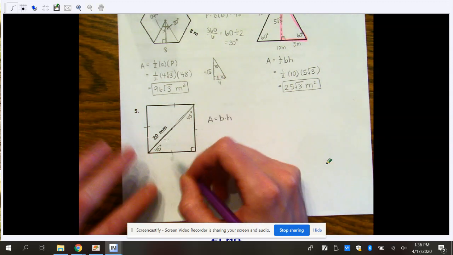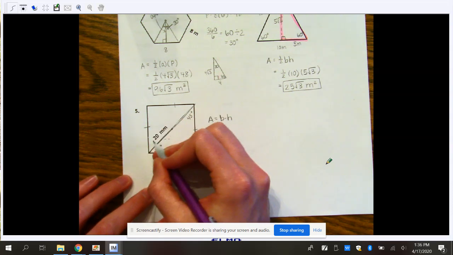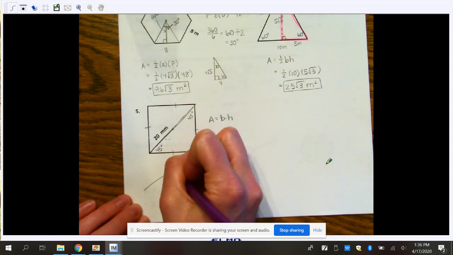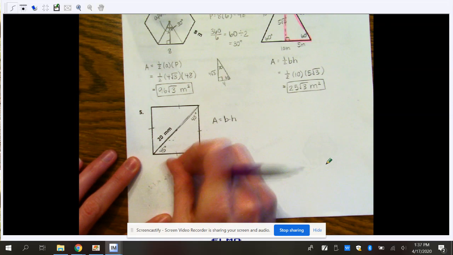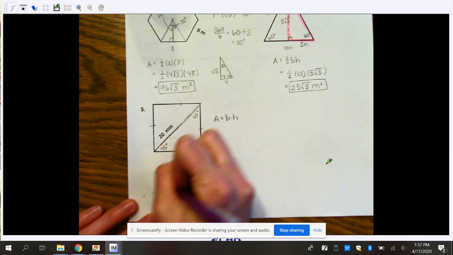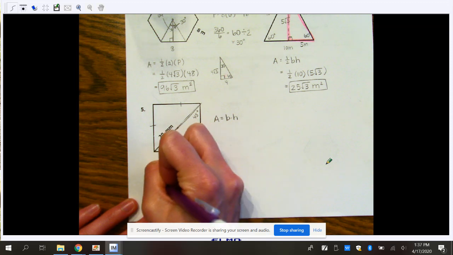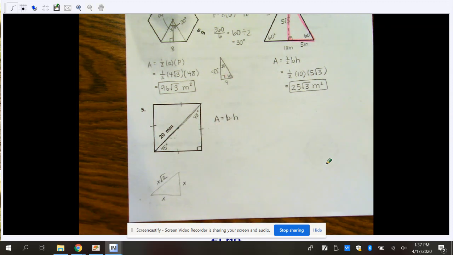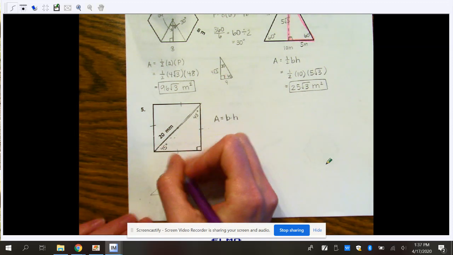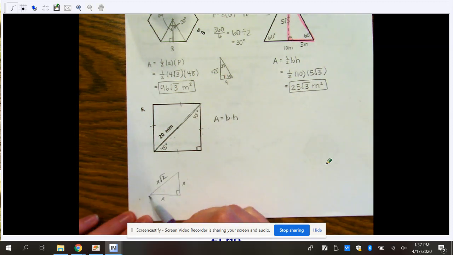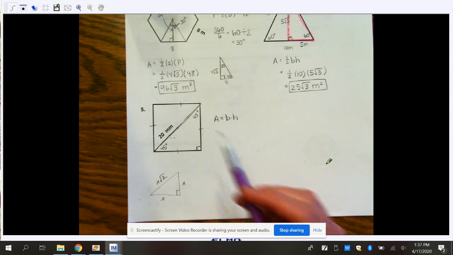And so remember, we have to figure out the relationship between, we haven't really done a ton of review with 45, 45, 90, just because those are usually the easier ones. So remember that the legs are always the same. And then the hypotenuse is always radical 2 times the leg.